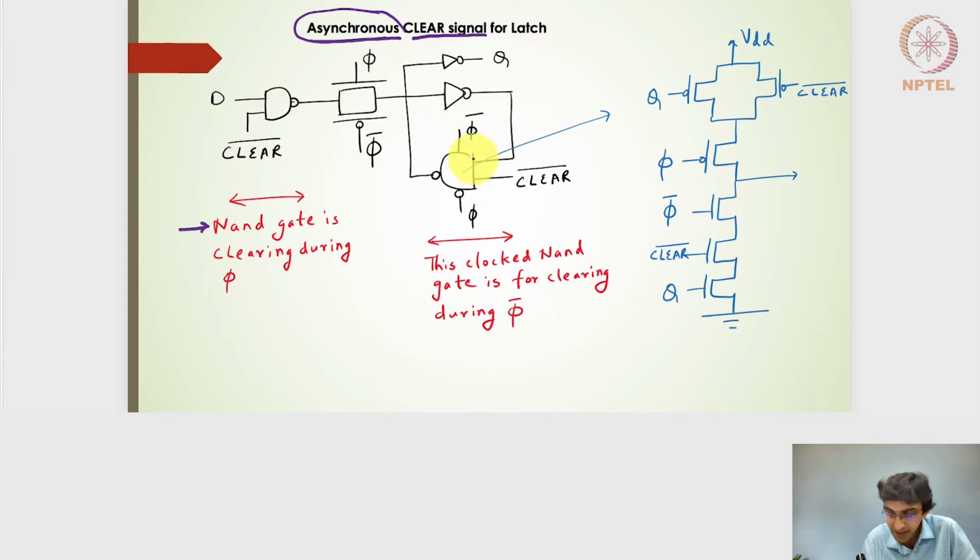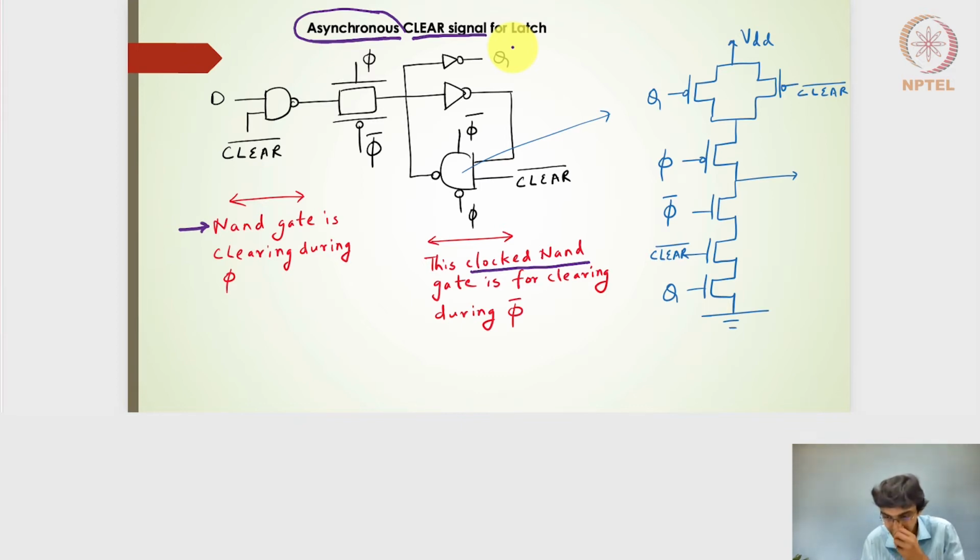To accommodate that, there is a tri-state 2-input NAND gate. It is a clocked NAND gate, or the clocked tri-state NAND gate, and it is there to clear the output during the clock level being low, so during the opaque mode of the latch.